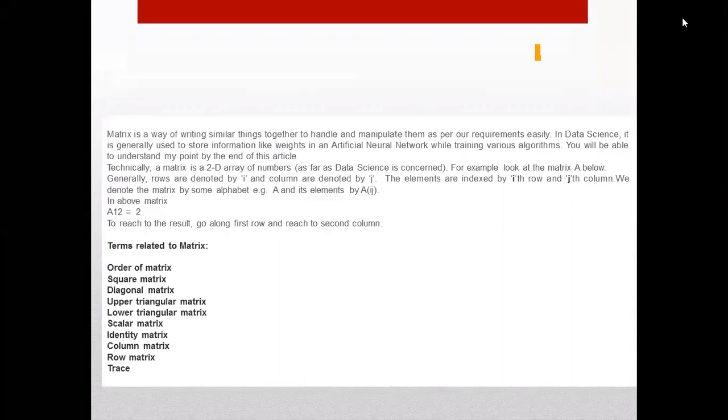The second one is a square matrix, the matrix in which the number of rows and columns are equal. Okay, so for example, a 2 cross 2 matrix is a square matrix. A 4 cross 4 matrix is a square matrix. So the number of rows should be equal to the number of columns. The third one is the diagonal matrix.